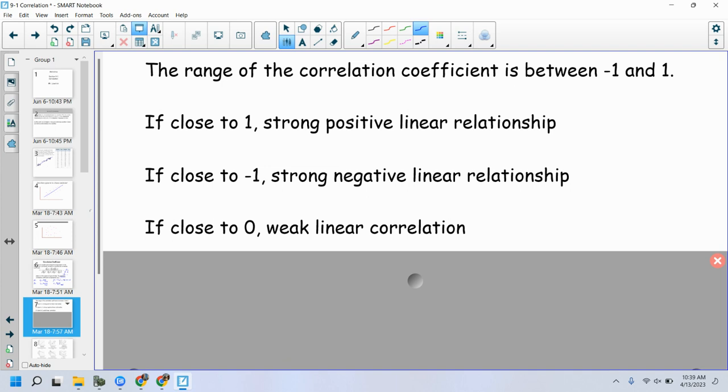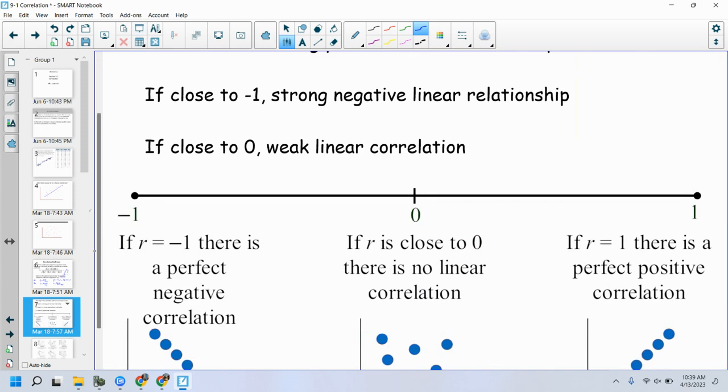When I square the R value, it's always going to be positive. That's why once you pass linear regression, you never talk about anything being negative anymore. It just means how close it is to the curve. The only negative R value you ever have is when we're talking about a linear relationship.